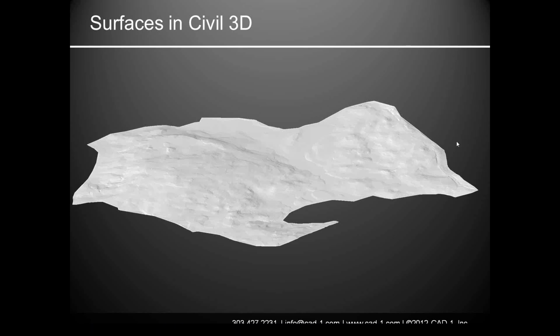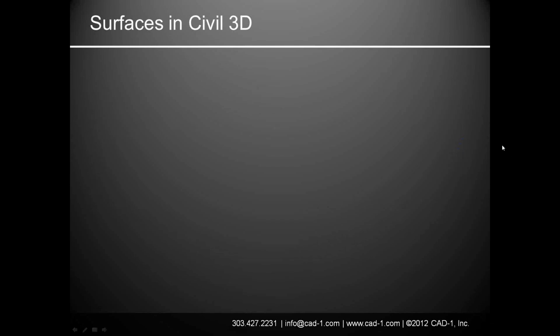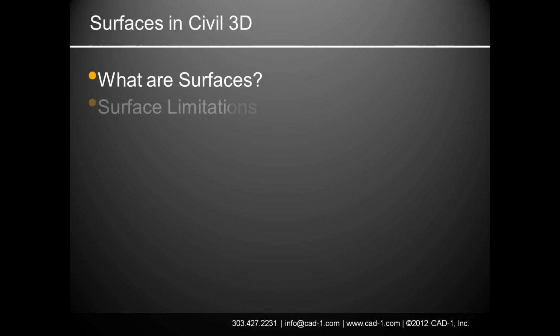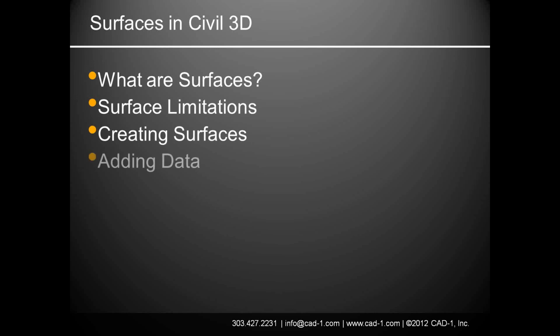All right, so let's talk about surfaces in Civil 3D. So what are surfaces? Everybody knows what a surface is, right? A surface in Civil 3D. The other things we're going to talk about is some of the limitations of surfaces. What can't you do with surfaces? All right, we're going to talk just a little bit about creating surfaces. So for the few people that are brand new, this is how you create surfaces.